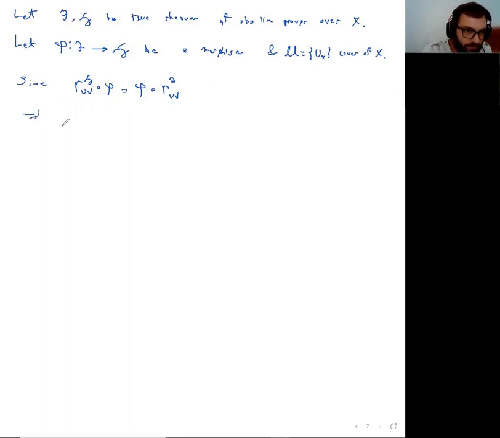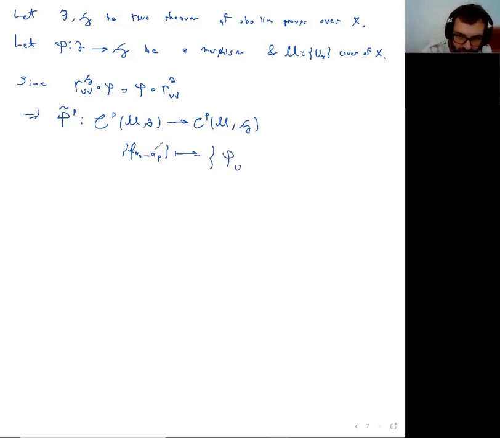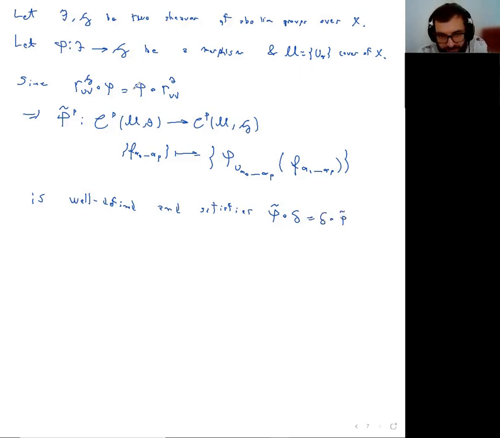Therefore the induced map of cochains, which simply takes a cochain and maps it component-wise, is well defined and satisfies phi tilde composed with delta equals delta composed with phi tilde, simply because this is a morphism of sheaves.